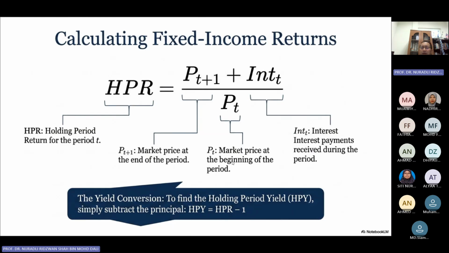That is what we call the HPY, holding period yield. For example, if this HPR is 1.2, you minus 1, so you are getting 0.2. You multiply 0.2 with 100, so basically you are getting 20%.